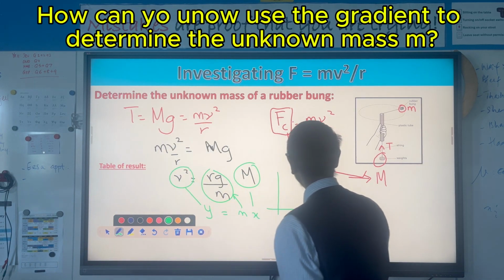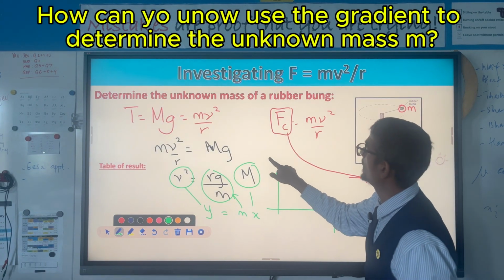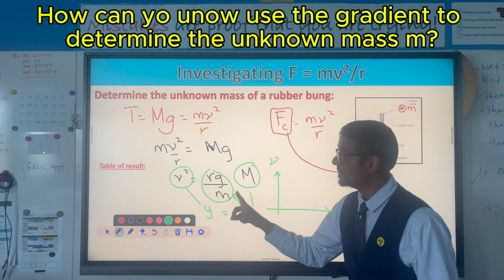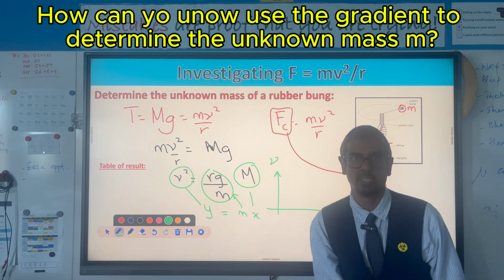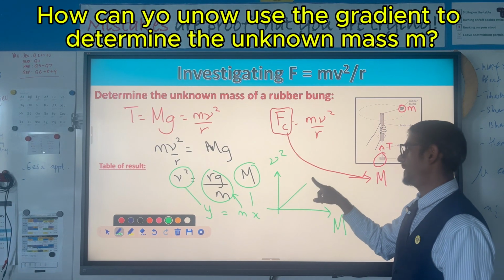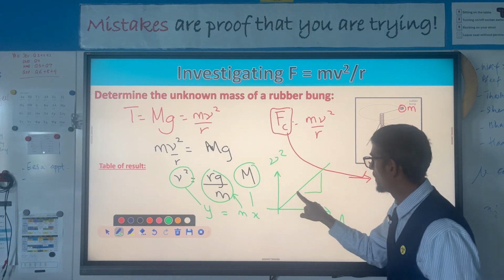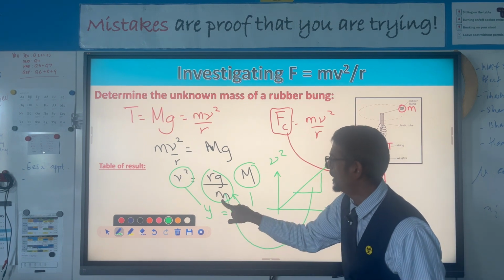Now, if I'm changing mass and I'm measuring the velocity, I'm not plotting velocity, I'm plotting velocity squared. That should be a straight line that goes through the origin. It's a direct proportion, and the gradient here should be equivalent to this.